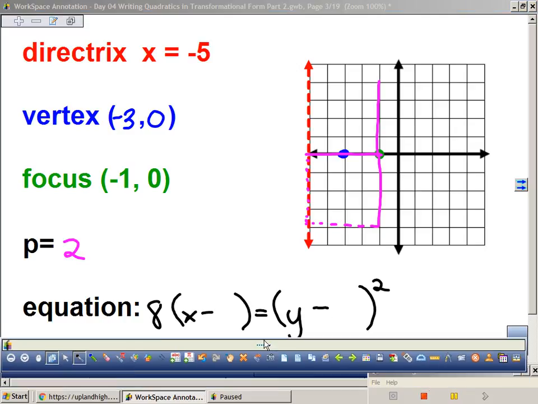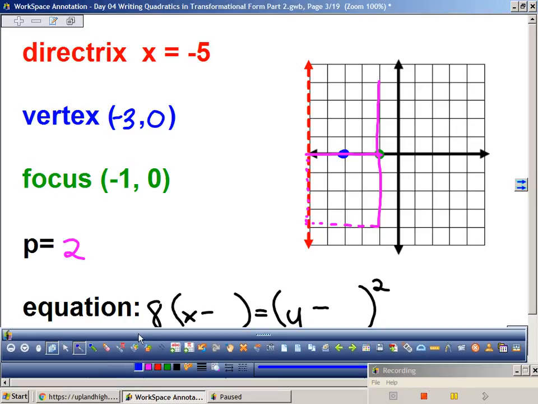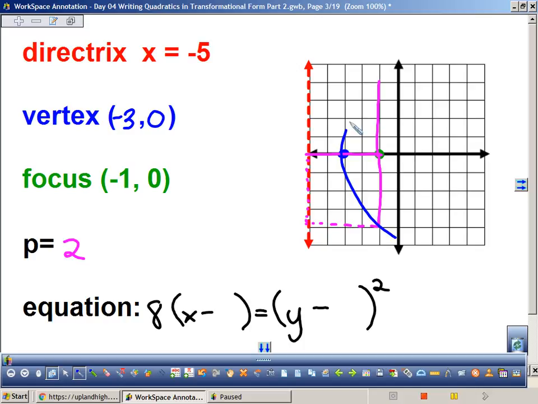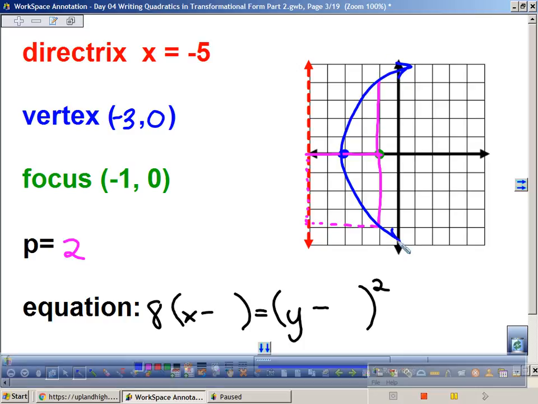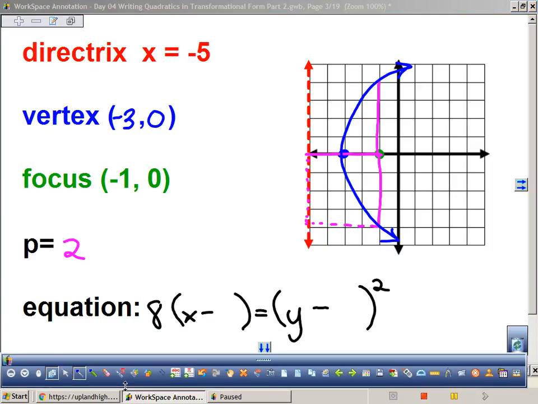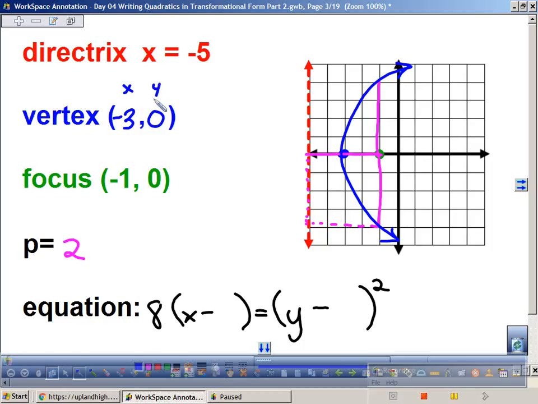So I should finish my graph first, right? So if we go out and out, then my graph would look like that. Hold on. Almost done. So if my vertex is at -3, 0, this is my x translation, and this is my y.